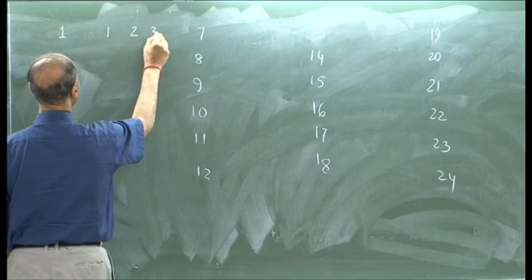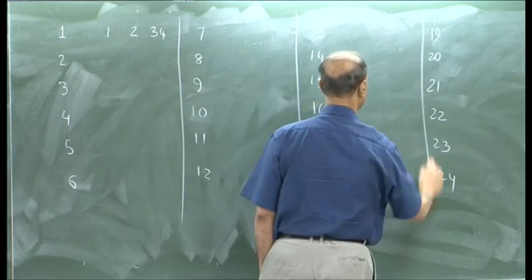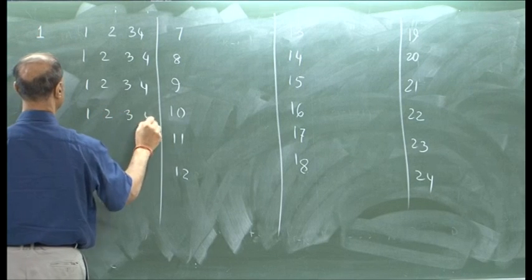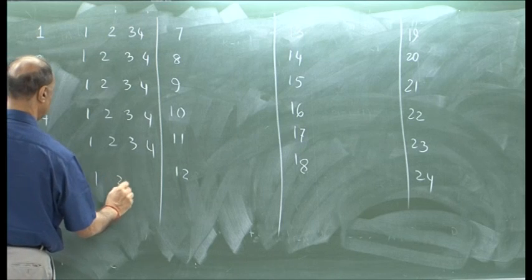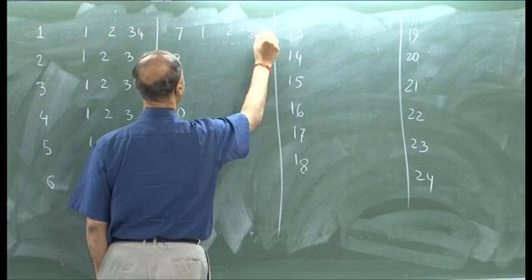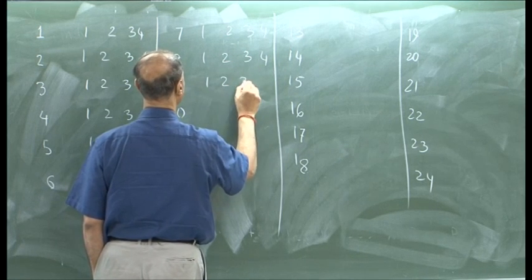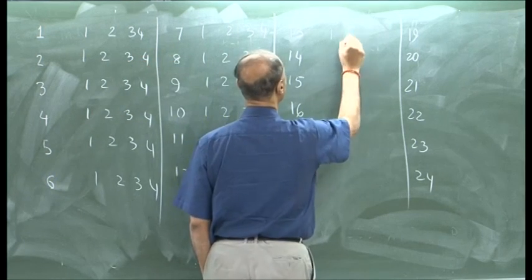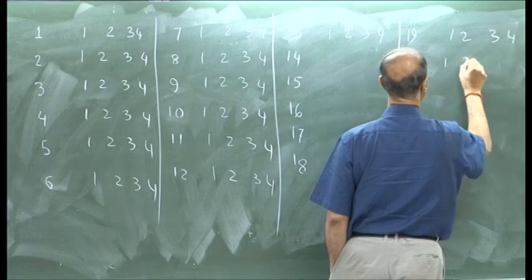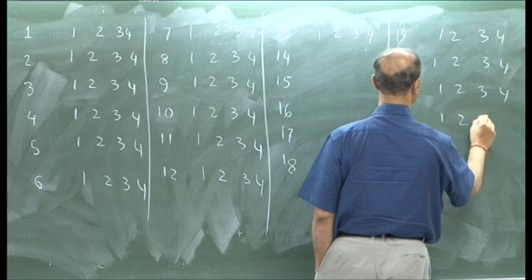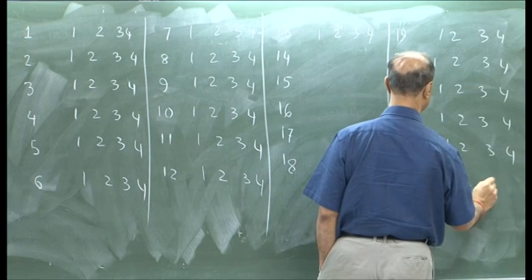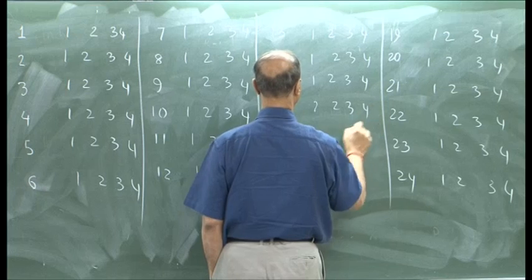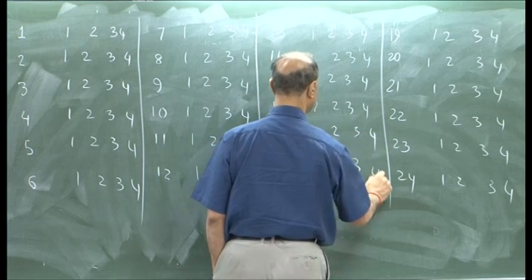Initially the numbers are the identity: 1, 2, 3, 4. So these are the 24 rows.